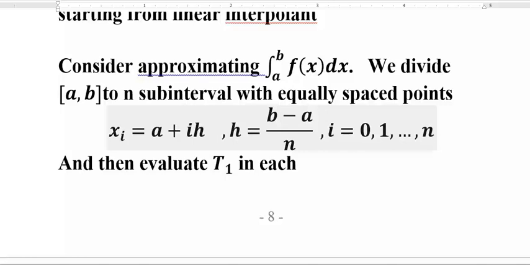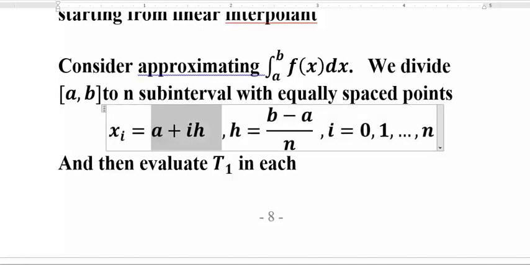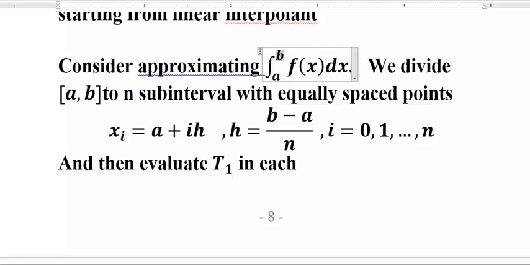The points are located as x i equals a plus i h. h will be evaluated by the rule h equals b minus a over n, b the last interval, and a the first, and n the number of sub-intervals.